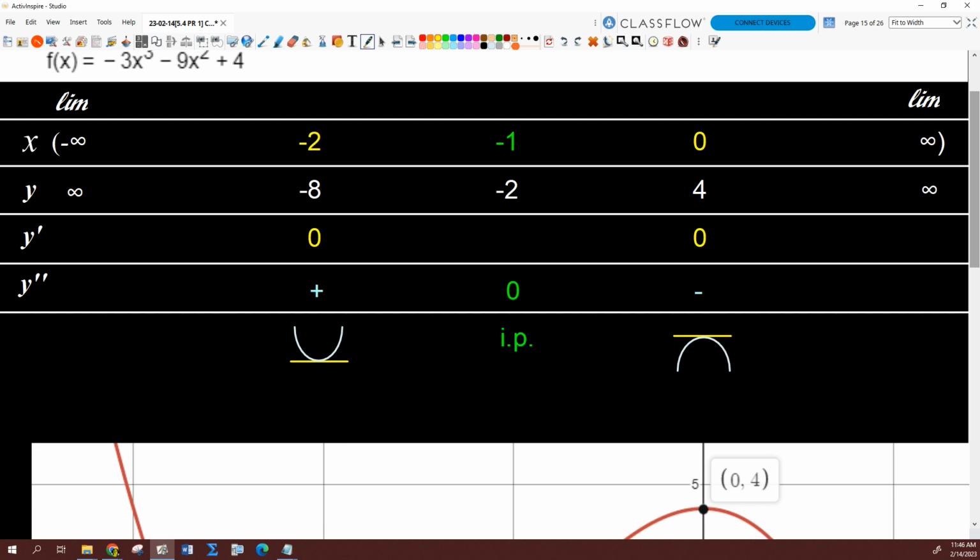Okay. Anything else? What about this? I'll just make a quick note of this. What does this mean right here? If I have a negative infinity there and an infinity there, what does that mean? Not exactly. We know it has to be a limit, right?